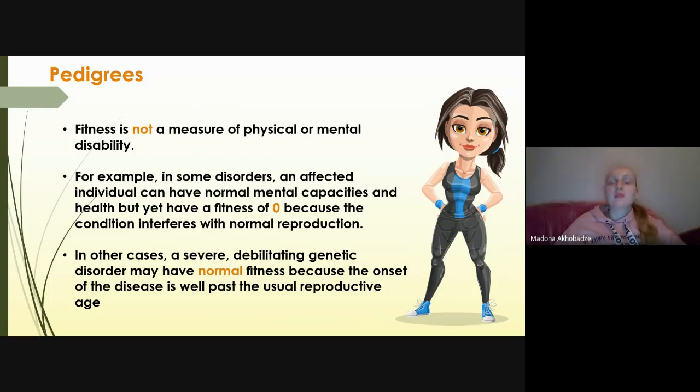But what about Friedreich's ataxia, for example, or Duchenne muscular dystrophy? So the disease onset starts in late childhood, early teens, and they usually don't reach the reproductive age.